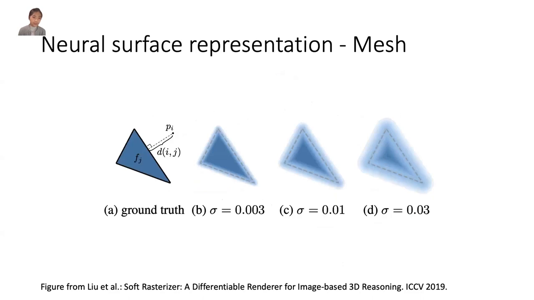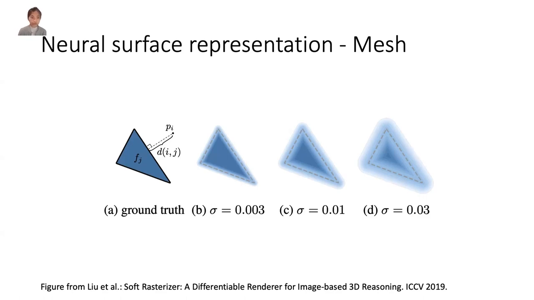The soft blending technique we have seen previously in the point representation can also be applied to meshes. For example, Soft Rasterizer uses the distance to triangle edges to create a soft boundary, as you can see in this graph here.